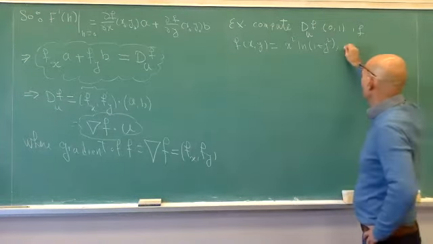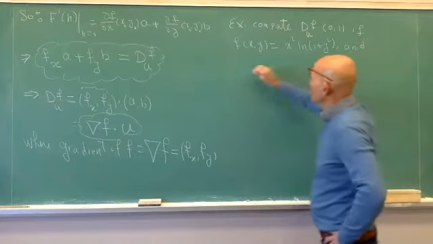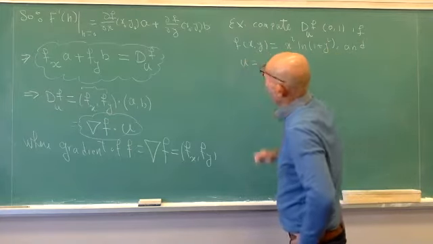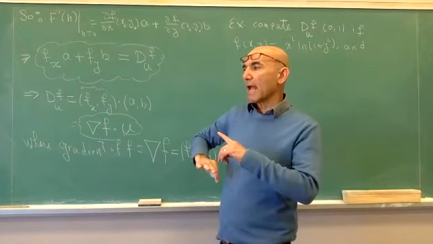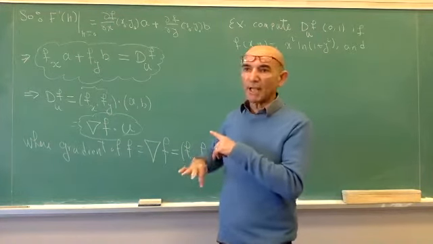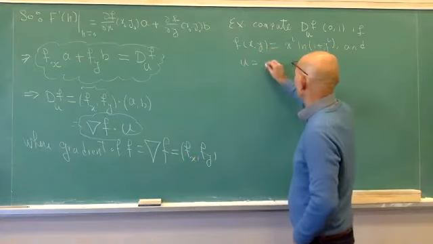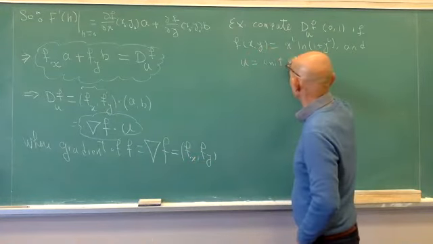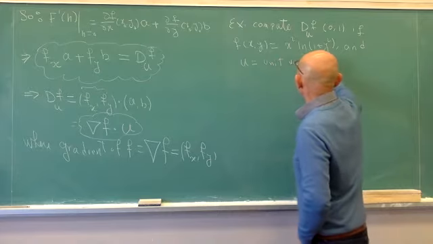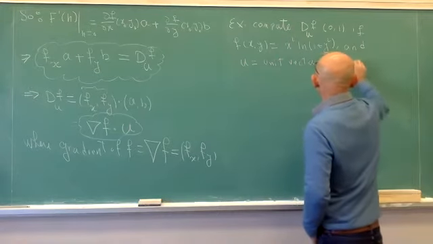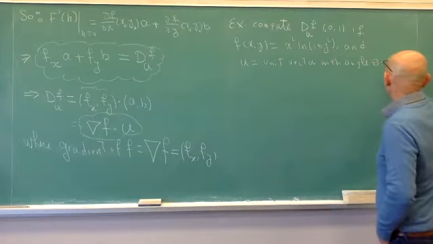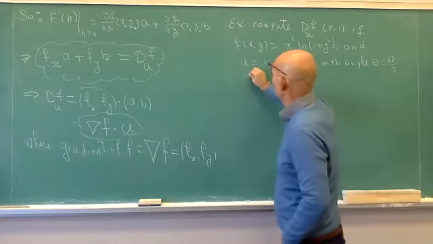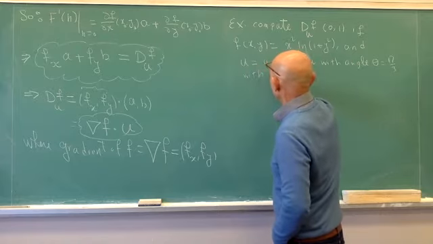And of course, u is the unit vector that makes the angle theta equal to pi over 3 with the positive x-axis.